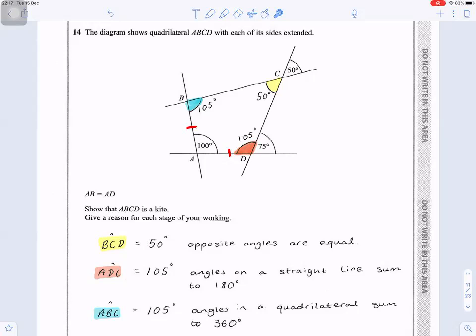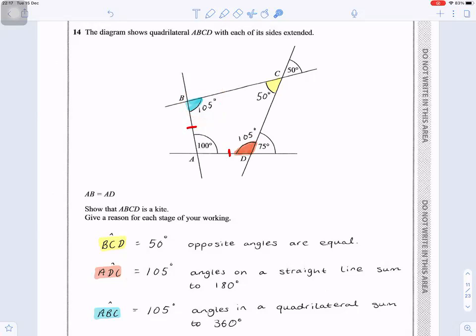And angle ABC, this angle ABC is 105 degrees. And how did you get that? Angles in the quadrilateral sum to 360 degrees. If you add 50 plus 105 plus 100, and you take 360 minus that answer, it gives you 105.